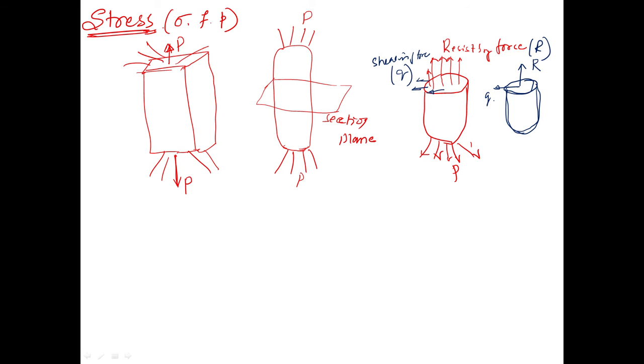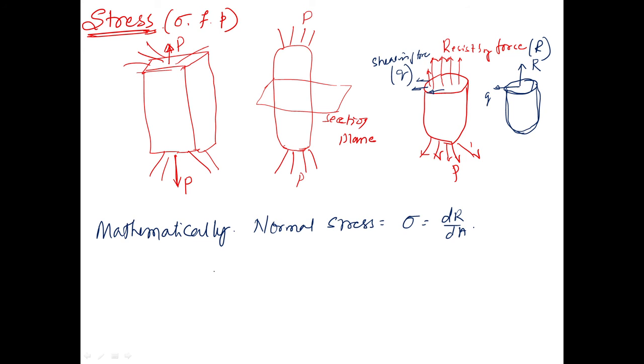Mathematically, if you consider this as a normal stress, sigma equals dR by dA for a small elemental area, where R is the normal resisting force.